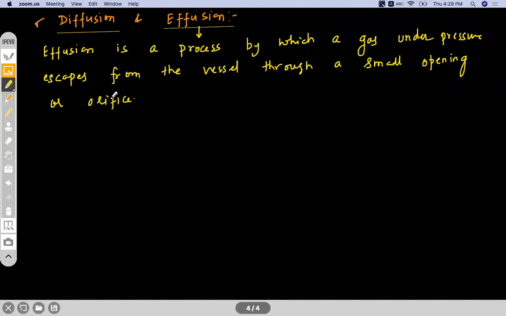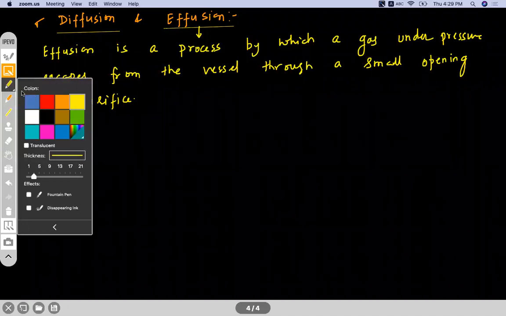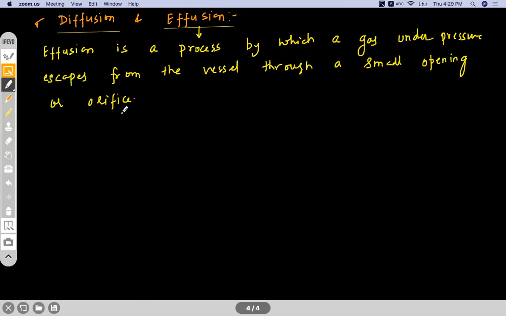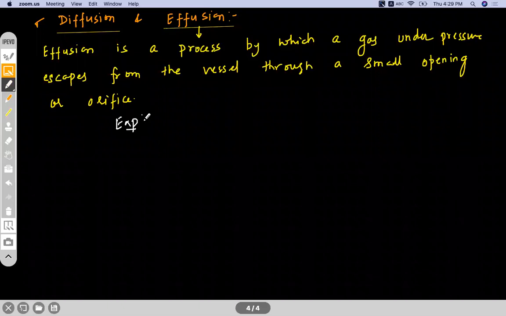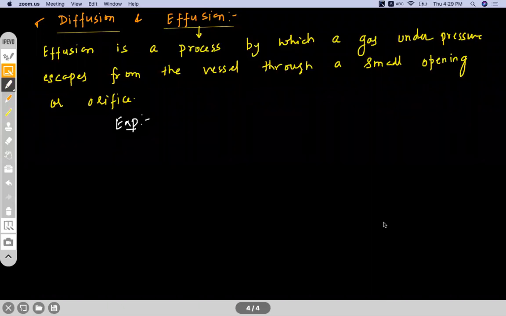So escaping of air from a punctured tire is an example of effusion. Orifice is nothing but the small hole, a point that is purposely made for the removal of gases, that we can understand.